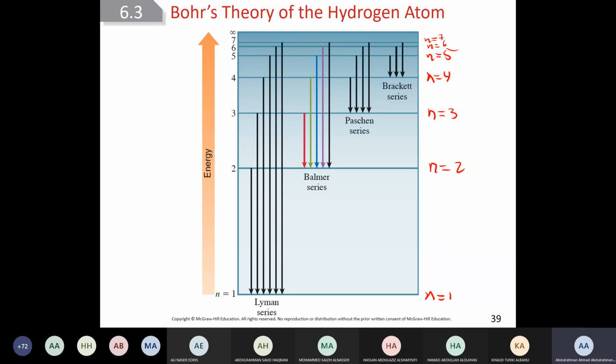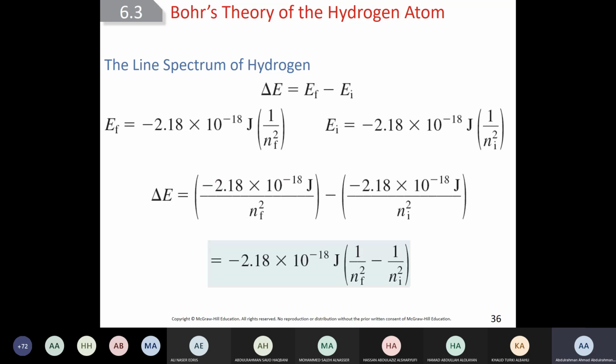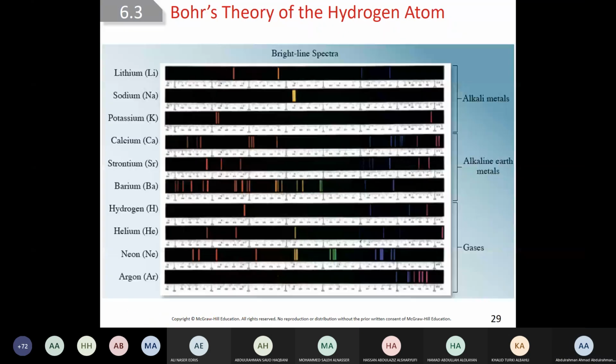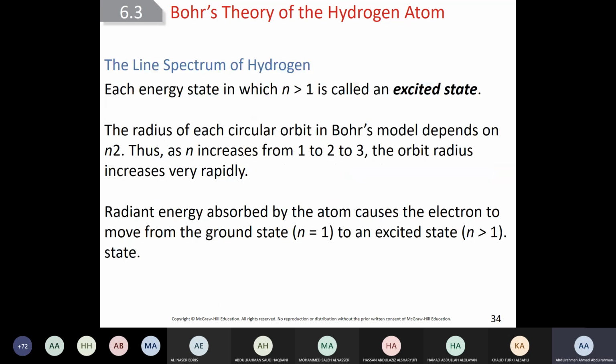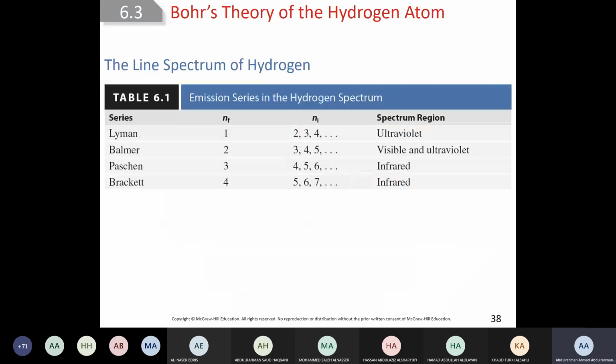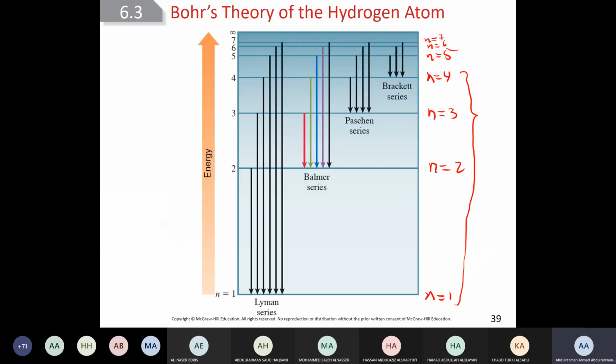Did you see this picture before? Yes, it's exactly n equal to 1. Look here, the distance between 1 and 2 is big, and then it gets smaller and smaller, and they made all the calculations and came up with all these relations.